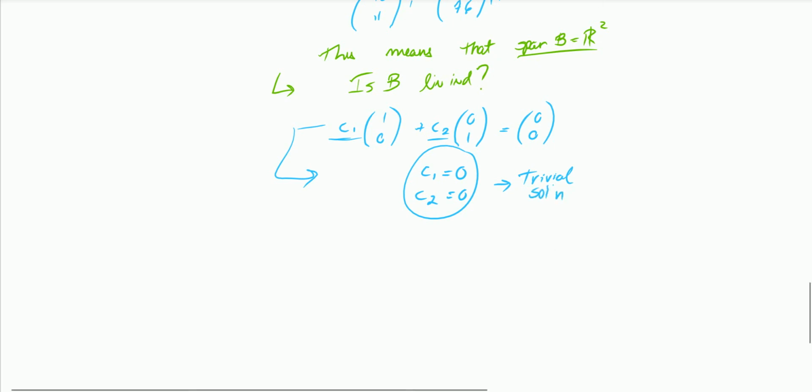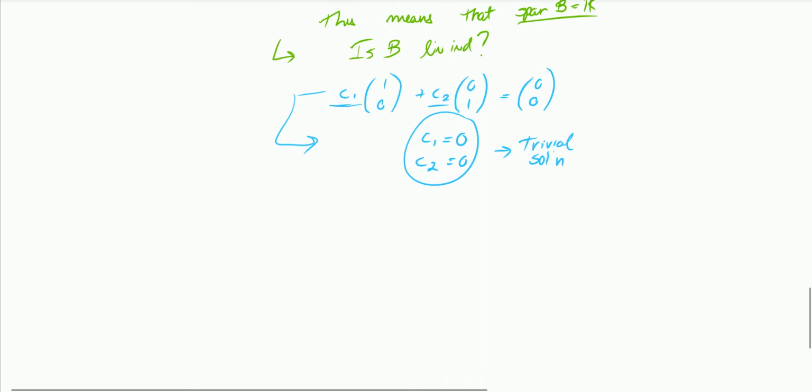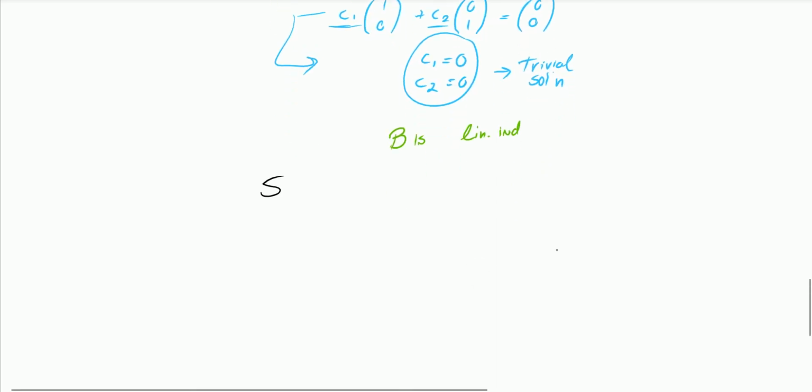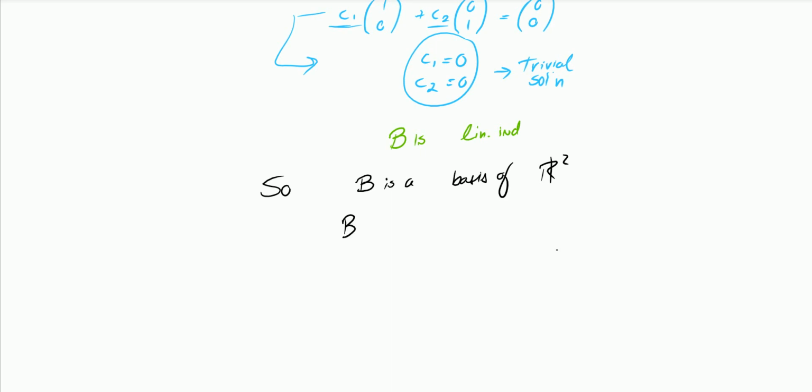And thus B is linearly independent. Okay, so B is a basis of R2, and in fact the basis B, the set (1, 0), (0, 1), has a special name.